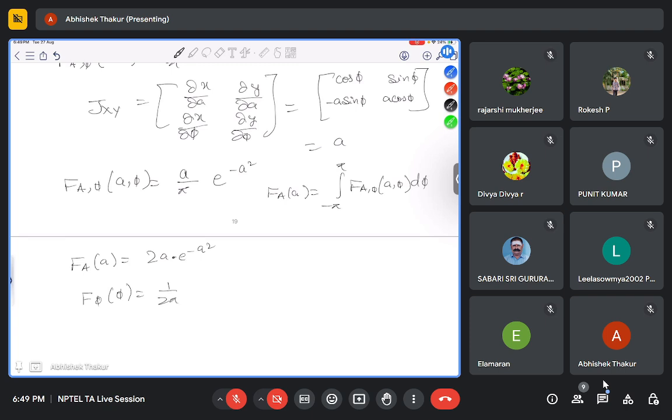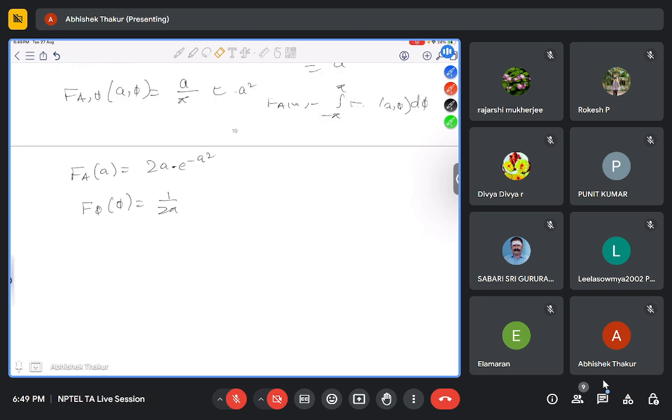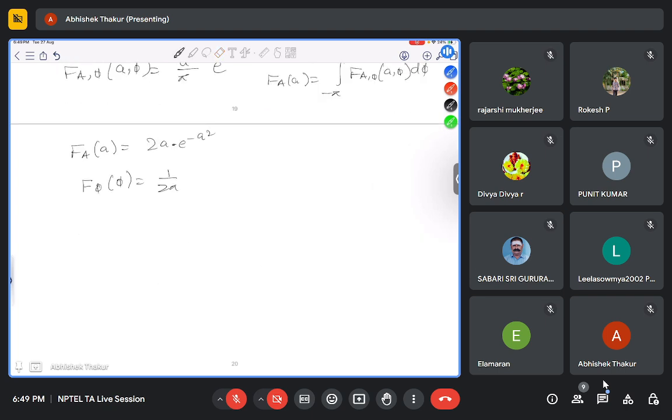So when we multiply, you can find this by simple derivation as described in the lecture series. So f(a, phi) of a comma phi is equal to fa of a into f phi of phi. So these are independent random variables.